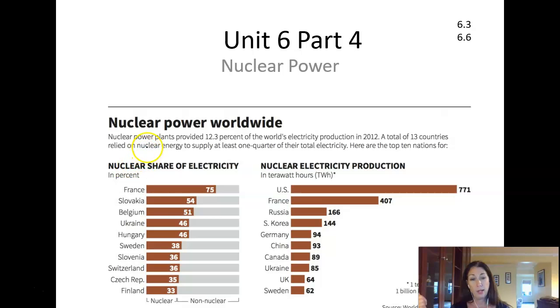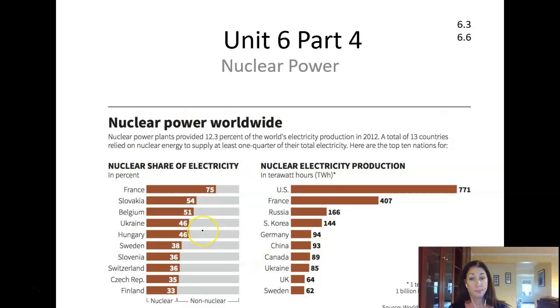Our nuclear power accounts for less than 10% of our overall energy creation. When you want to look at a leader in nuclear power, I would focus on France, which doesn't look like it creates as much as we do, but 75% of their electricity does come from nuclear power.